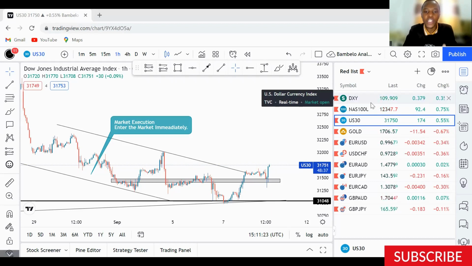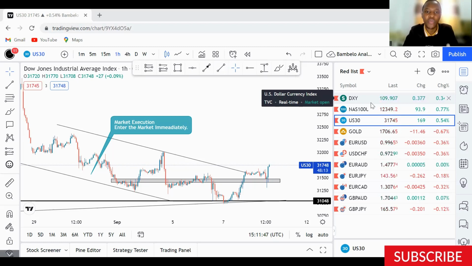But the issue is that they don't know when it is the right time to enter. They don't know which order to use, whether it's market execution, buy limit, sell limit, buy stop, or sell stop. I will get into that now, and also how you can apply that on your trades.